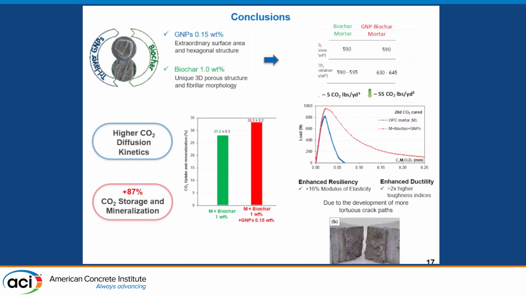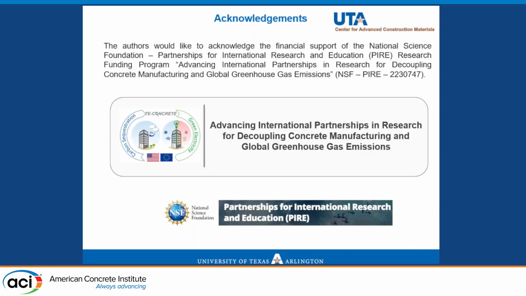But it requires the combination of porous channels through a highly porous material such as biochar, still a carbon-based material, and a nanomaterial that is providing the big surface area, such as the exfoliated graphene nanoplatelets.